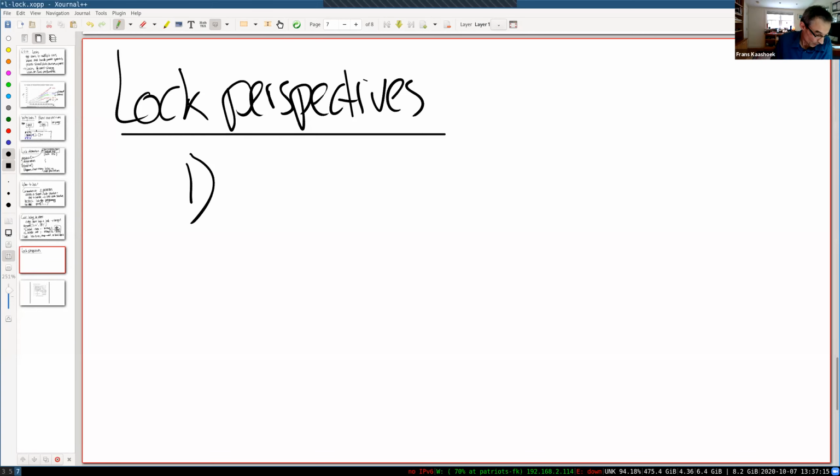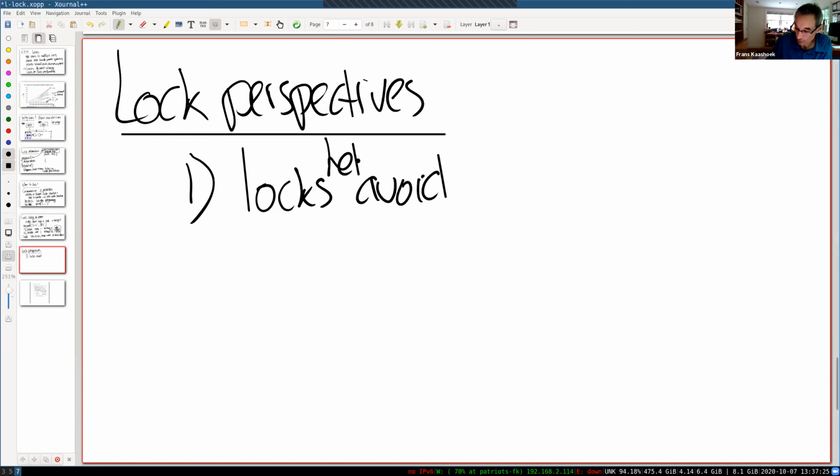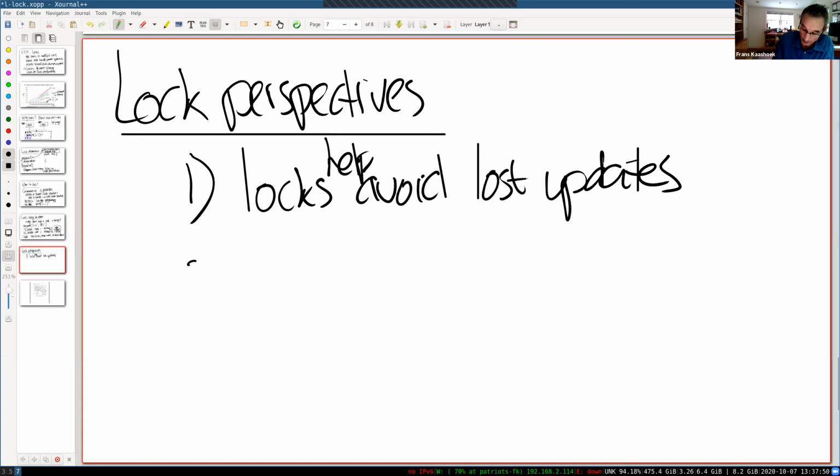First of all, if you use locks correctly, locks can help avoid lost updates. If you think about our early example in calloc.c, the lost update is that we lose one update to the K3. And by putting locks in it, we didn't lose that update.